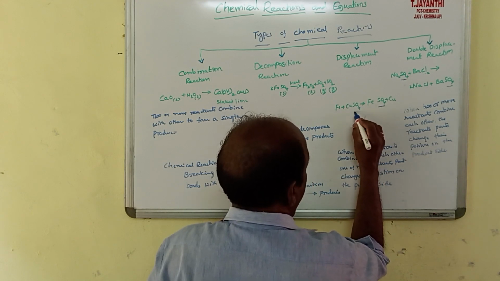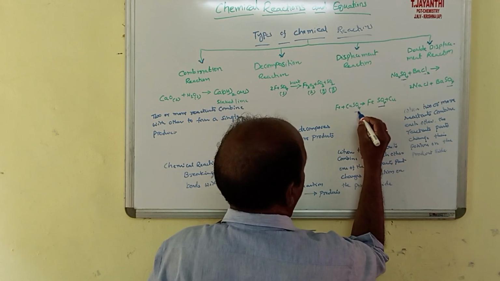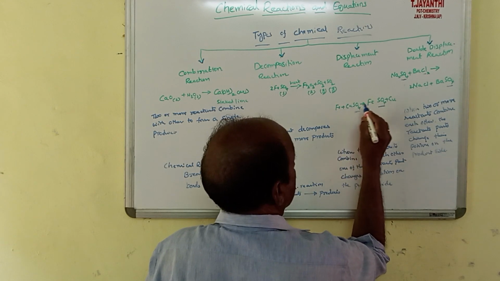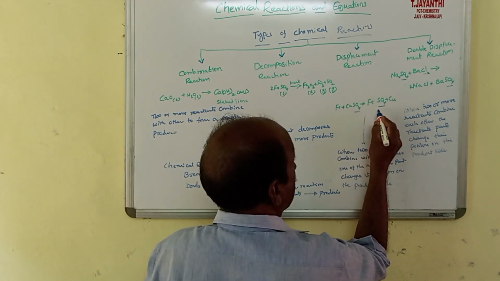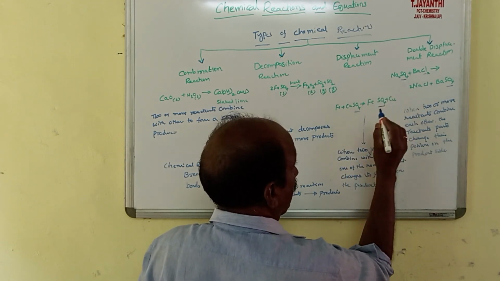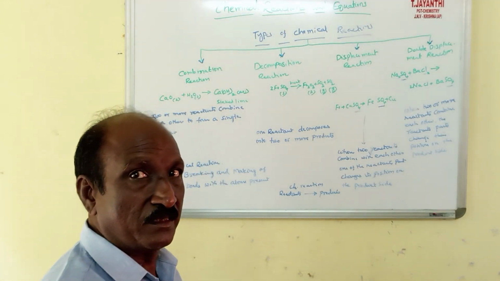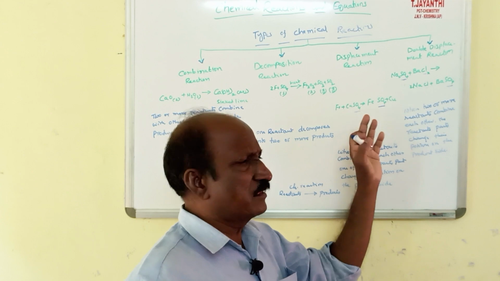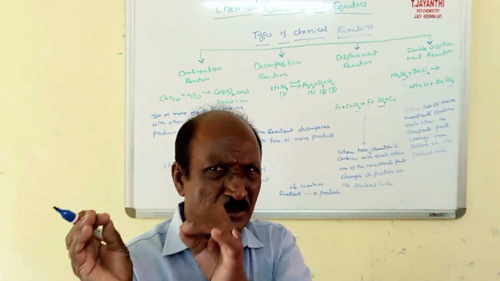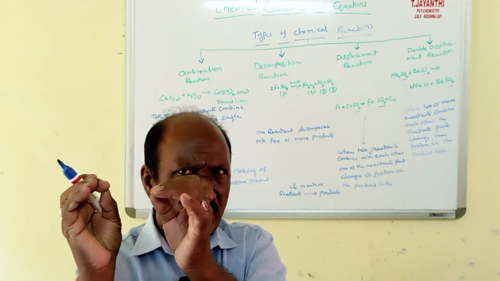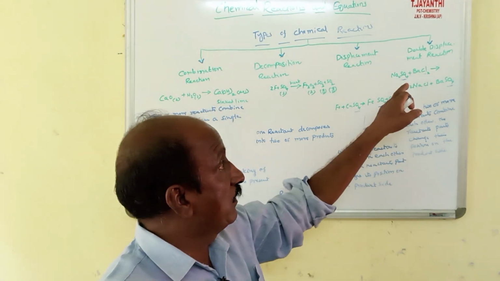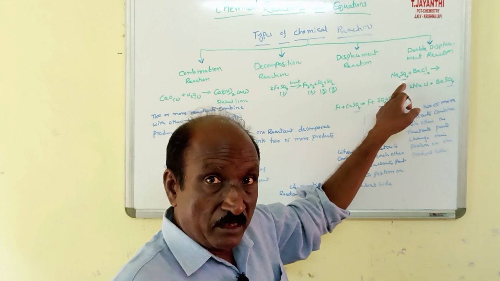The SO4 part exchanged its position with iron on the product side. There is no need to balance here, simply displace the sulfate part with the iron. That's all.